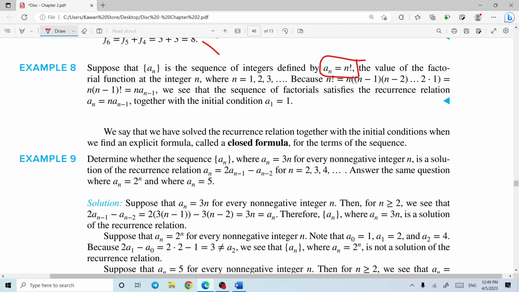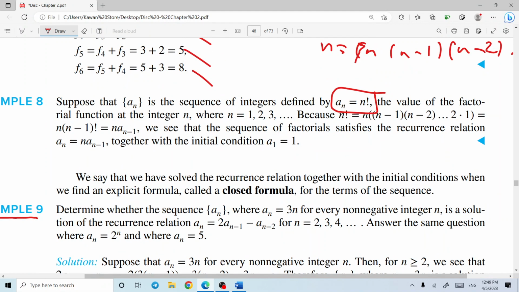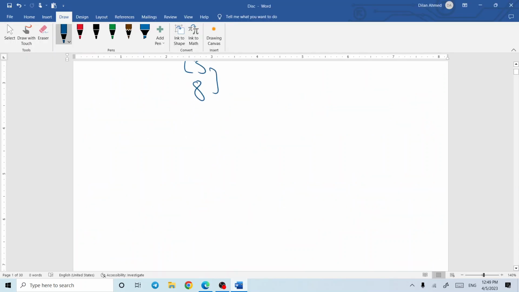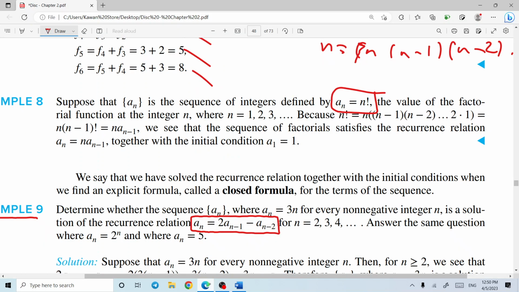Now, example 9 is a little bit tricky. Look at it. We have a formula at the beginning. Let me write that one: a_n equal to 2a_(n-1) minus a_(n-2). It was like that, right?